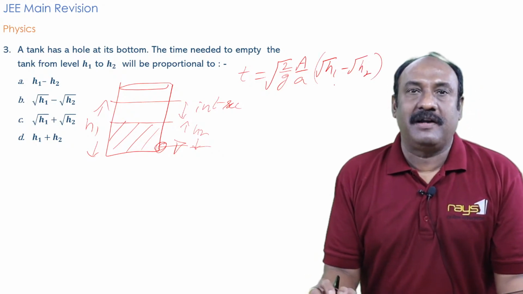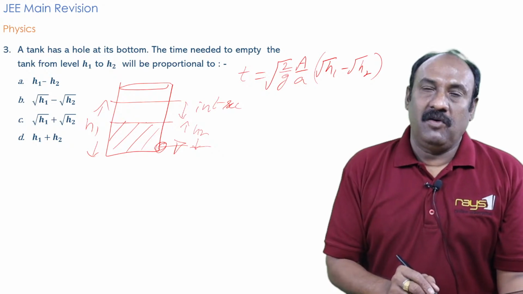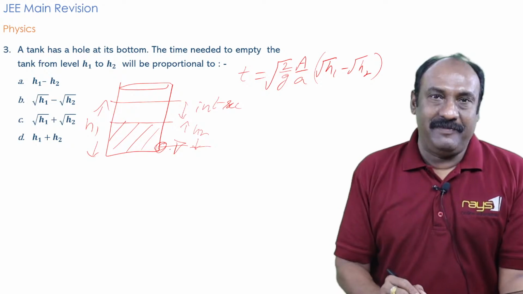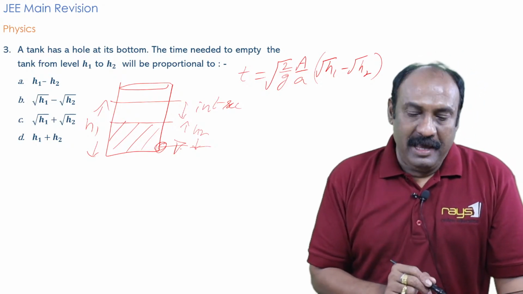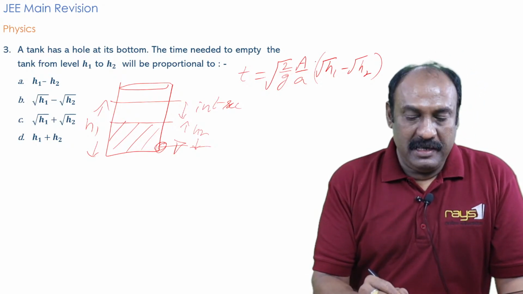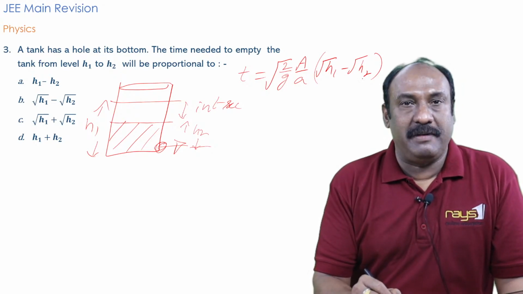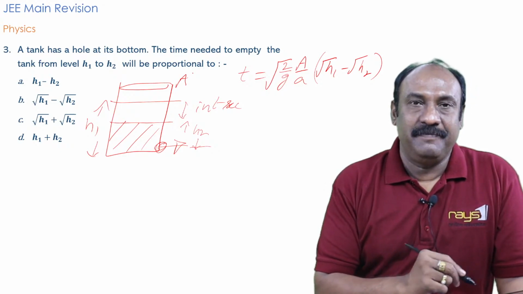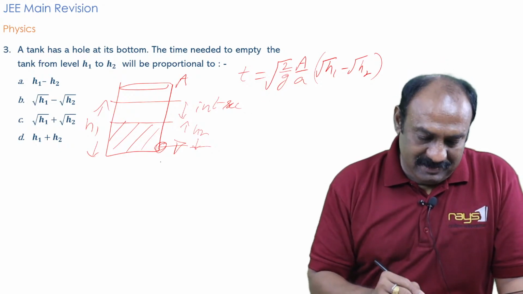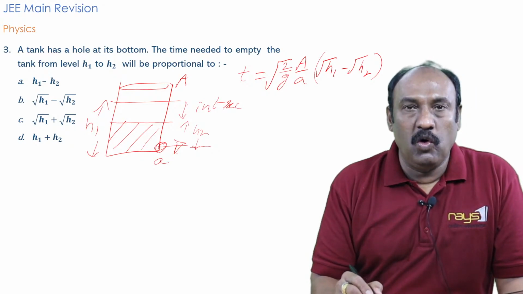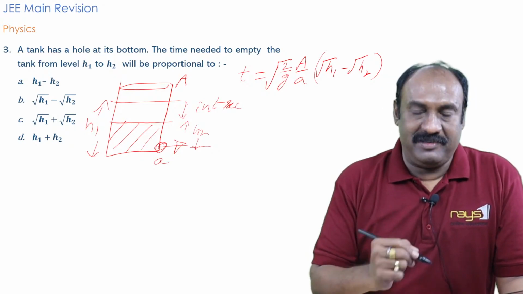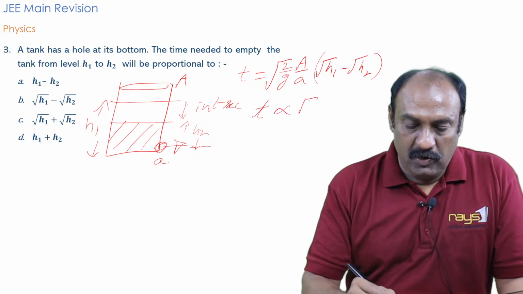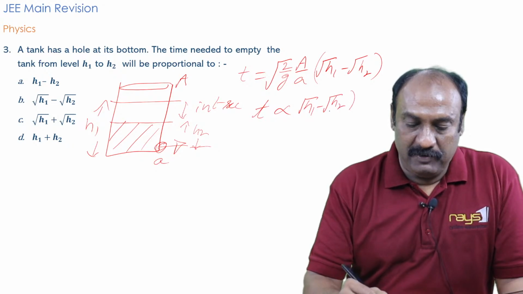This is the equation for the time taken by water leaking through a small hole at the bottom of the cylindrical vessel, where capital A is the area of cross section of the cylindrical vessel and small a is the area of cross section of the hole. So this time taken is directly proportional to square root of H1 minus square root of H2.